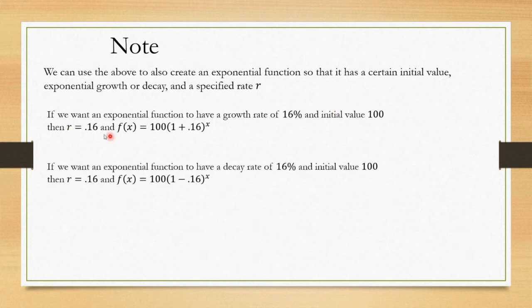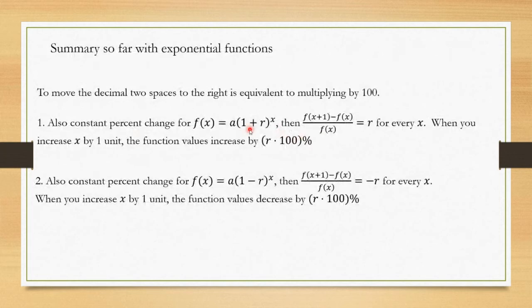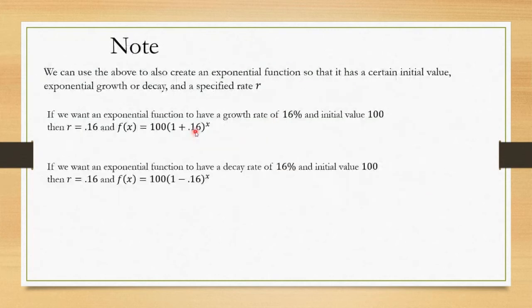Here you would use f of x equals a times 1 plus r to the x, because there you'll have increasing percent change. You take your r to be 0.16, and your function will look like this, because again, you want it to have a growth rate of 16%.